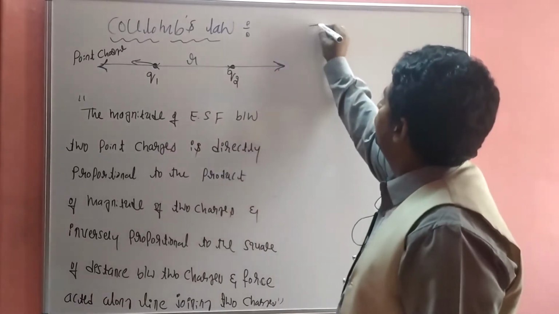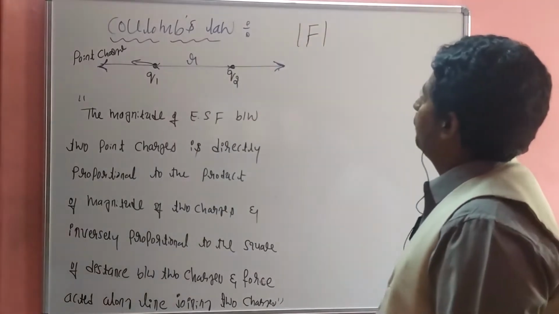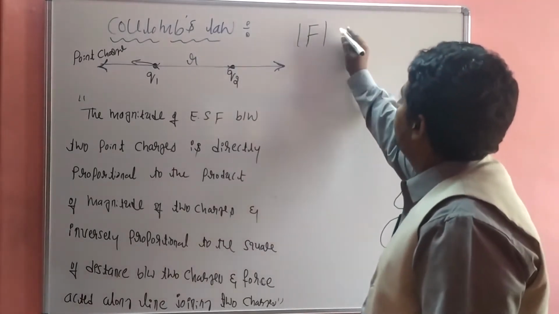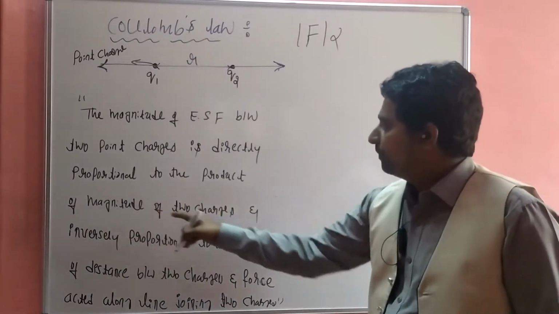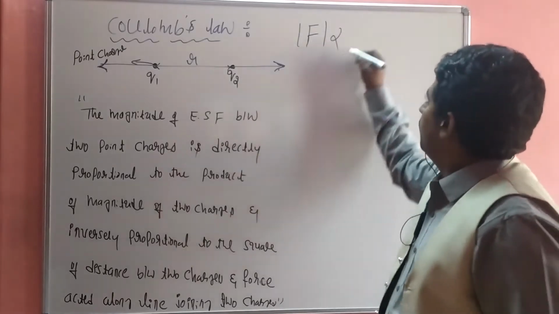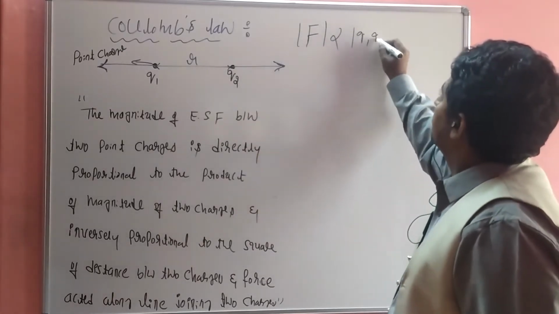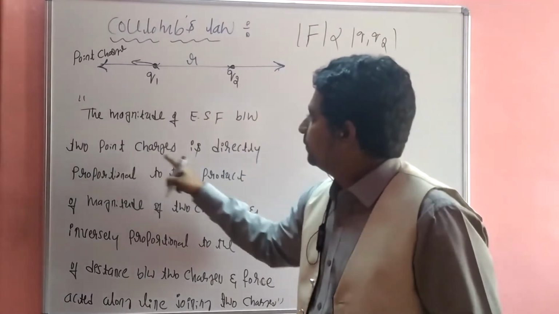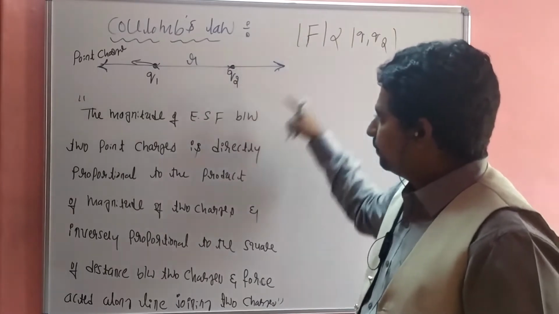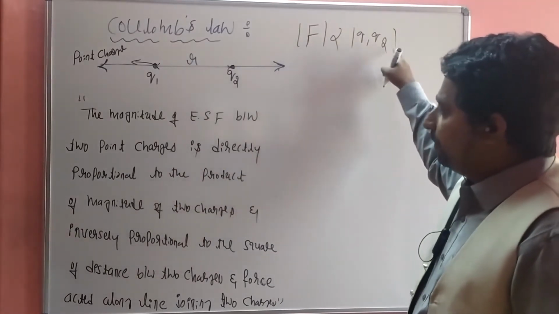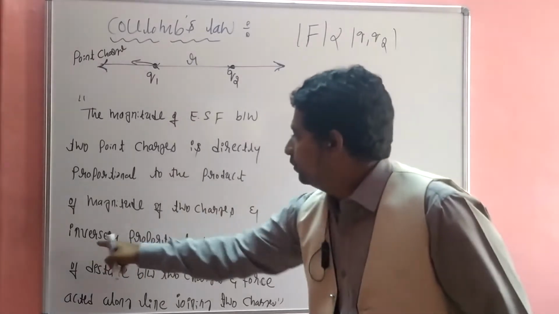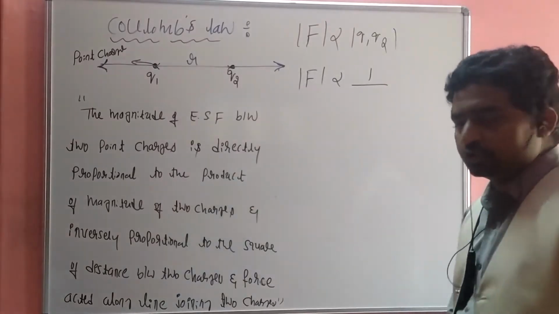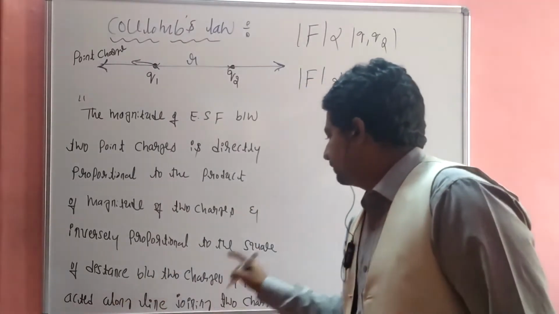The magnitude of electrostatic force between the two point charges is directly proportional to the product of the magnitude of the two charges and inversely proportional to the square of the distance between the two charges.